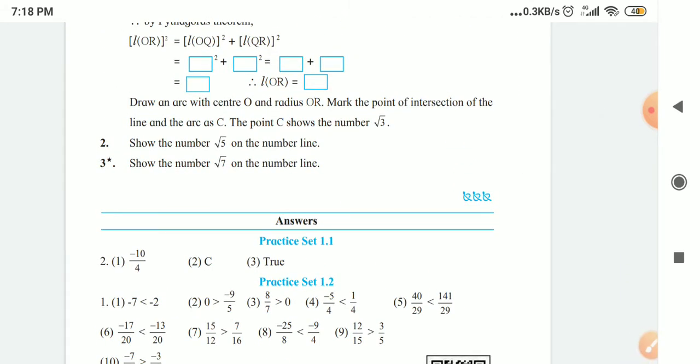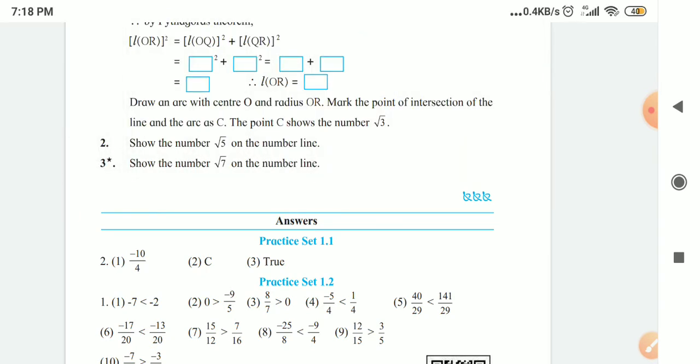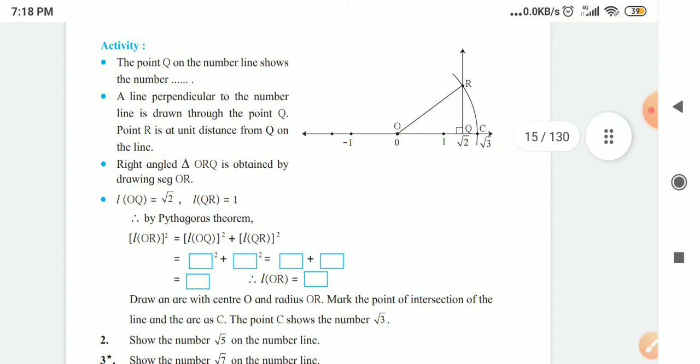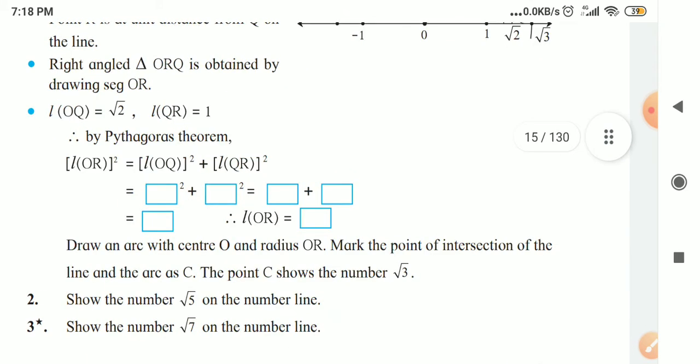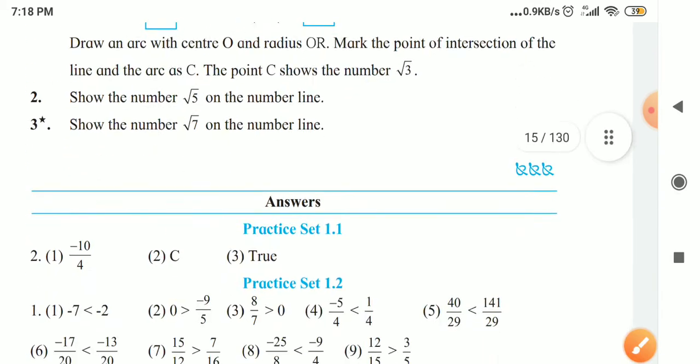We mark the point, and that point C shows root 3, its value is root 3. So all of you complete this activity, draw this figure also, and fill all the boxes. Some students write only the answers, but when we solve the activity, we have to draw the boxes also.